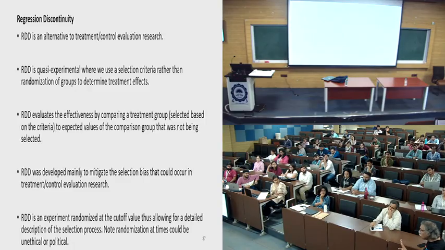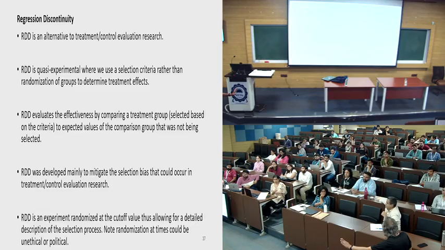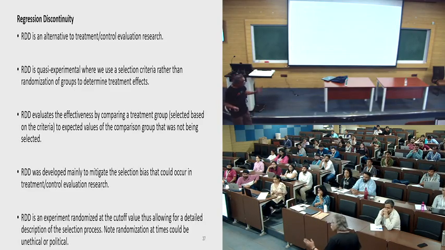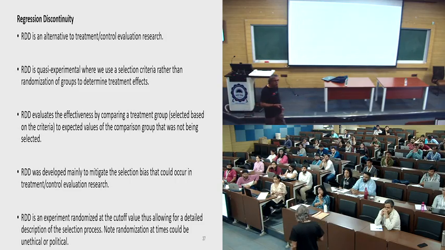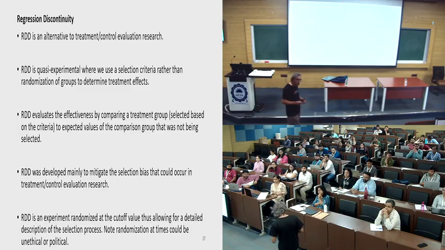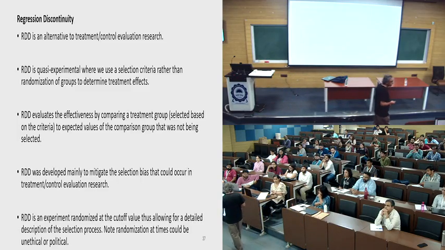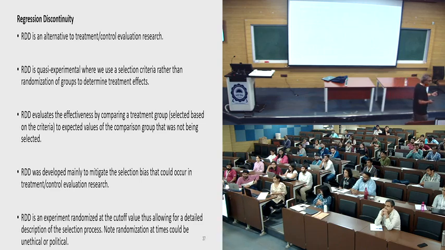Look at the last one: it is randomized at the cutoff value, and therefore it can allow for a detailed description of the selection process. Note, randomization at times could be unethical or political, and therefore other designs can suffer from ethical or political problems sometimes, but this design may not suffer from it. Clear? Fine?